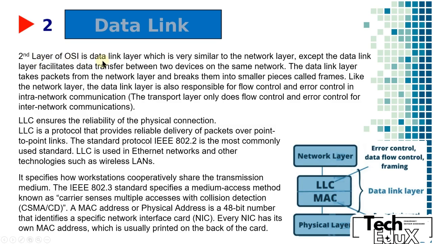The second layer of the OSI is the data link layer, which is very similar to the network layer, except the data link layer facilitates data transfer between two devices on the same network. In the network layer, when the source and destination are on different networks, then the network layer comes in handy.